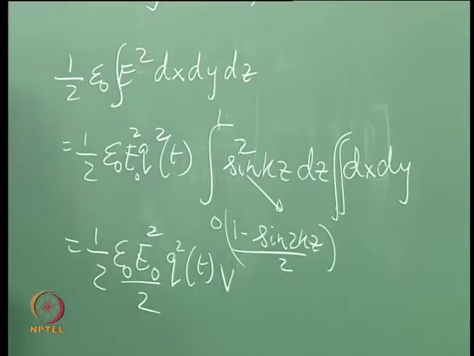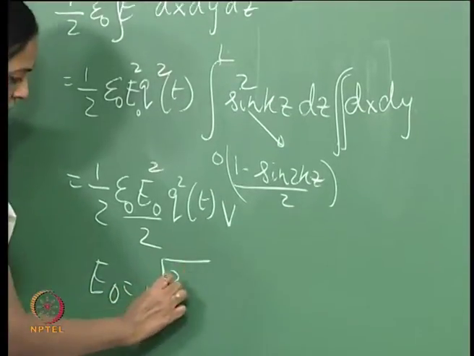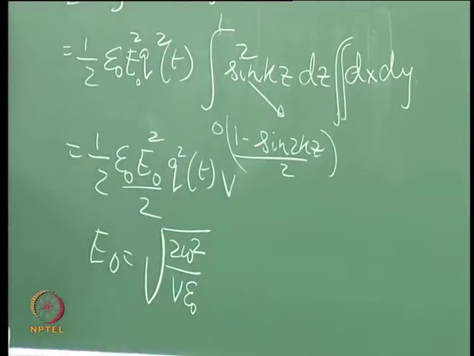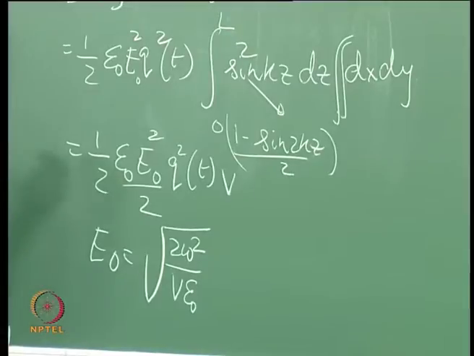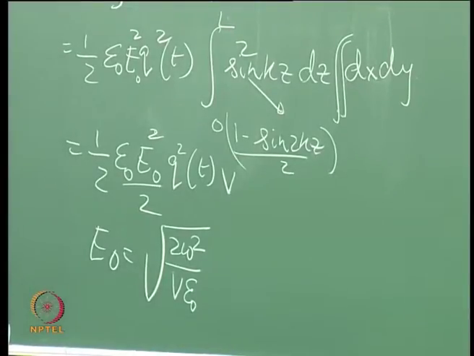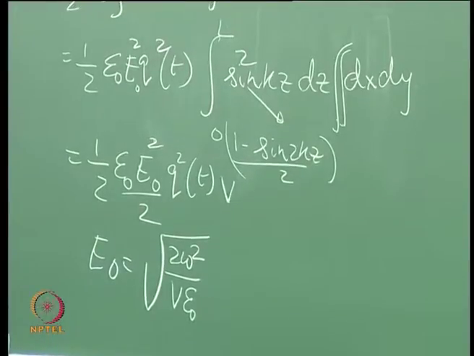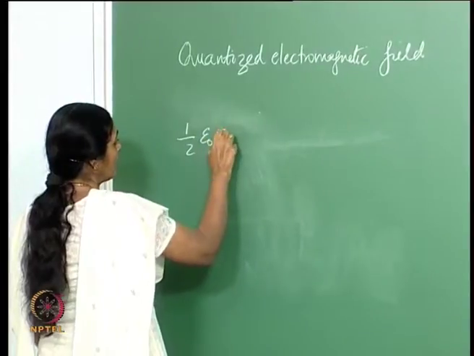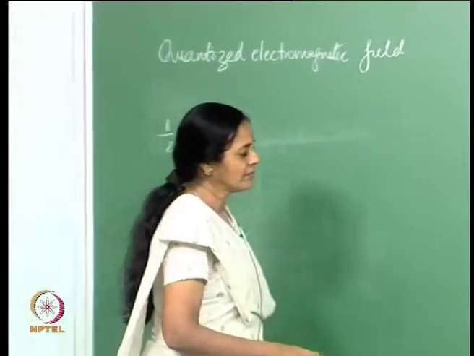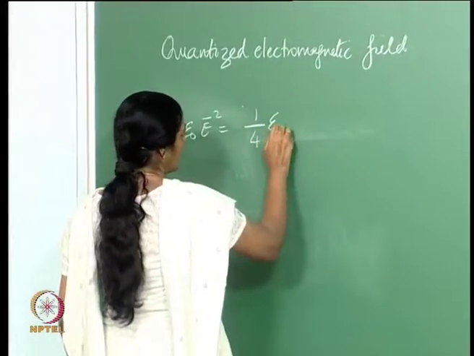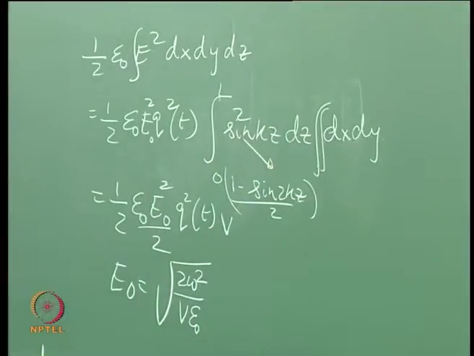It turns out, I did not put down the constant there, it turns out that this E naught is really the square root of 2 omega squared by V epsilon 0, where V is the volume of the cavity, and therefore I can simplify this. And I have half epsilon 0 E squared has a half epsilon 0, so that is a quarter epsilon 0 E 0 squared, which gives me a 2 omega squared by V epsilon 0.